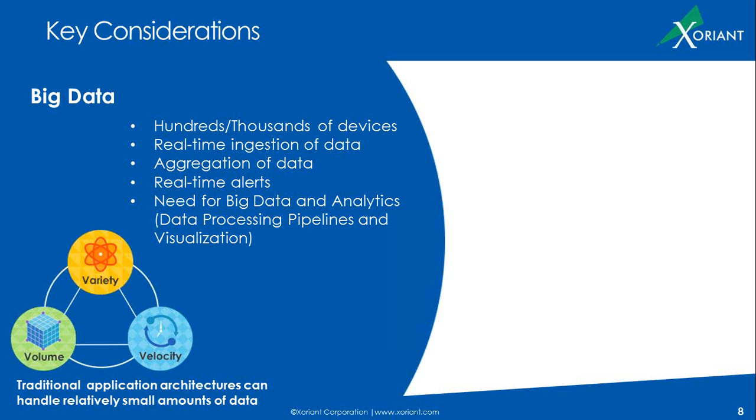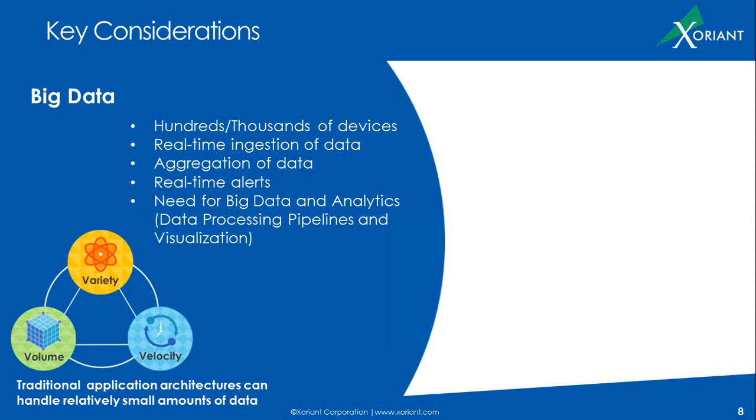What we have seen is that in order to make sure you're future proof when it comes to a large number of sensors and devices, you should look at big data architectures on your server side. This could help you eventually scale to thousands of devices, do real-time ingestion of data when the velocity is high, and still find different patterns in your data, even real-time alerts.